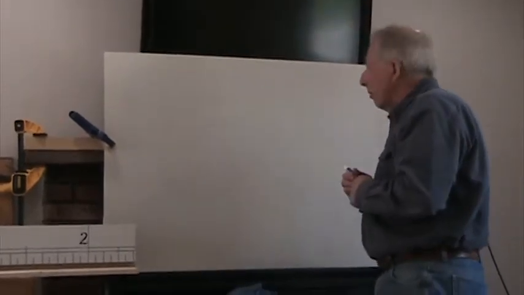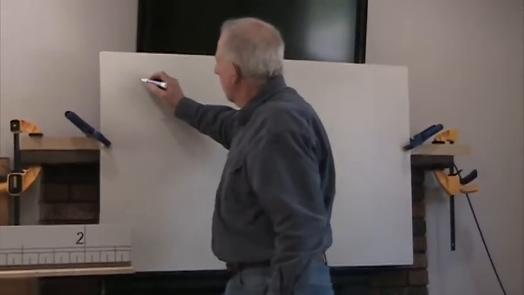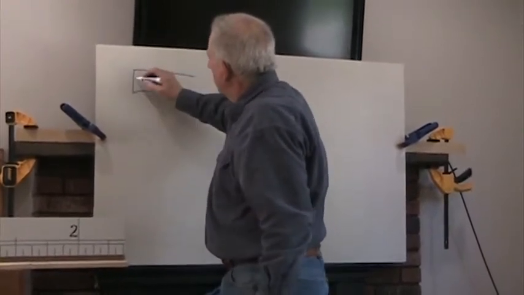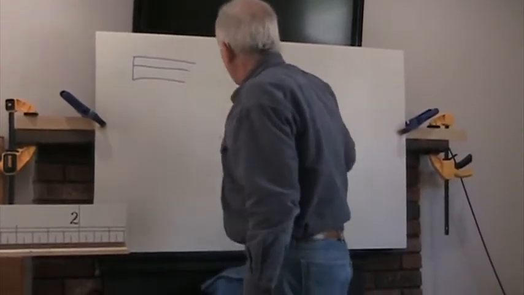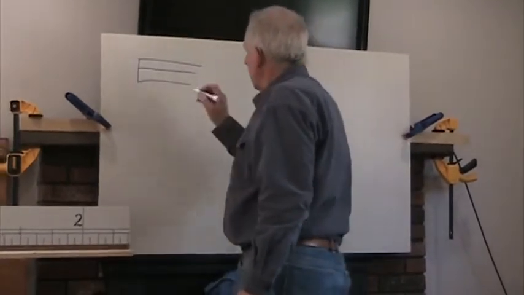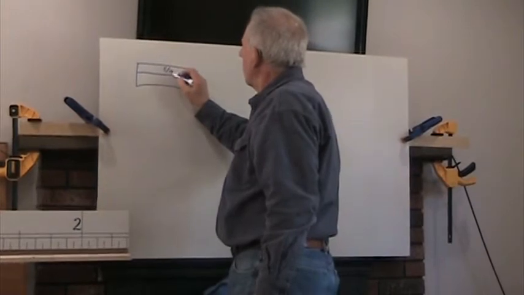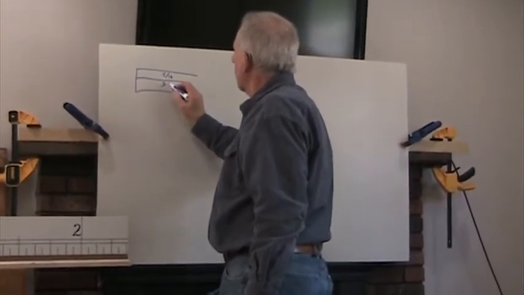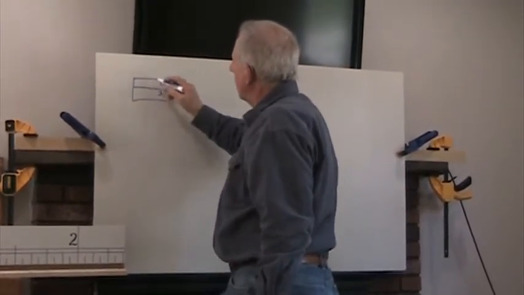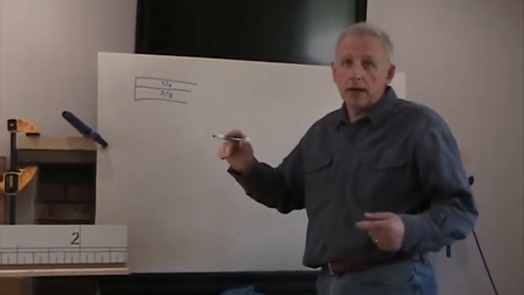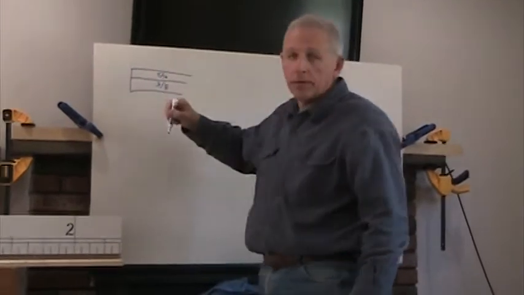Let's say, for example, that I wanted to put two pieces of wood together, a thinner piece and a thicker piece. Let's say the thinner piece was 5/16 thick, and the thicker piece was 3/8 thick. I needed to know how thick the whole thing was going to be when it was together, because I had to put screws in and I don't want my screw to come through the other side.